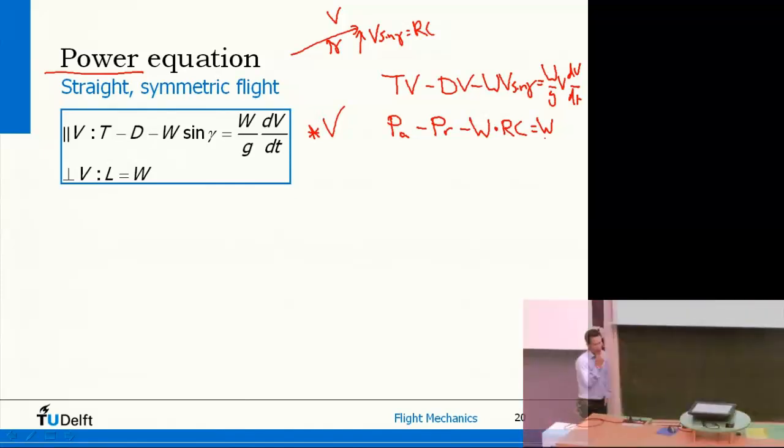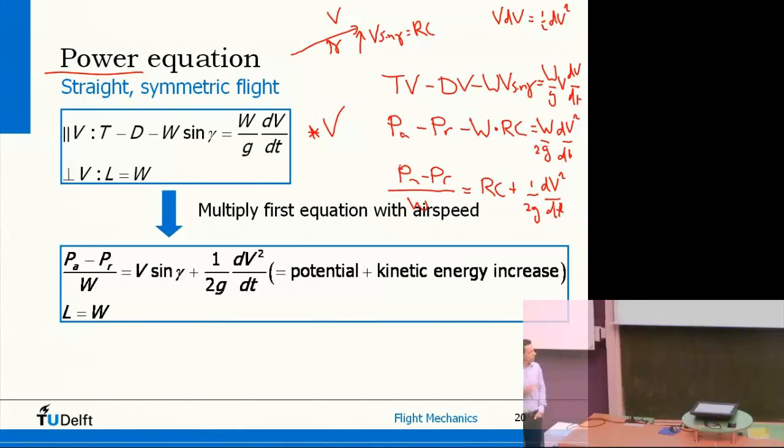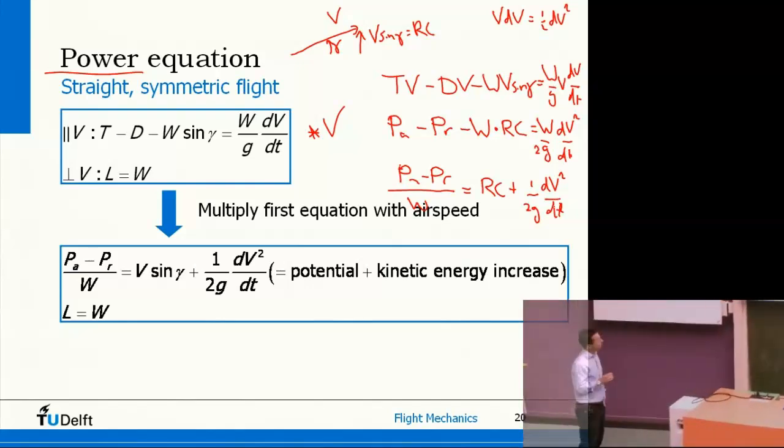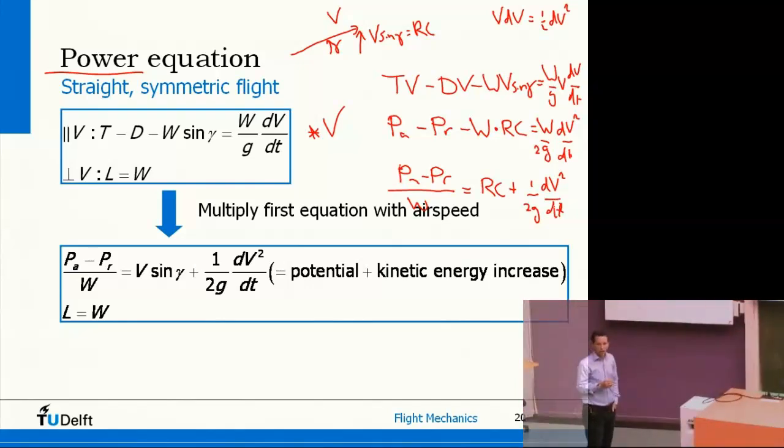And what I'm trying to show you here by doing so is that if you look at the equation, on the left hand side you see power available minus power required. This means it's the energy you have in excess. So excess power is equal to a rate of climb plus an acceleration term.